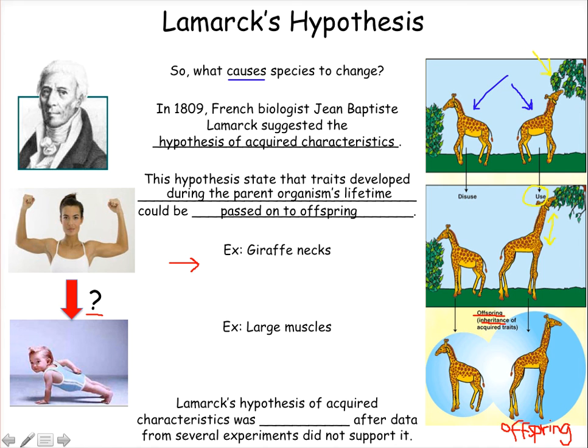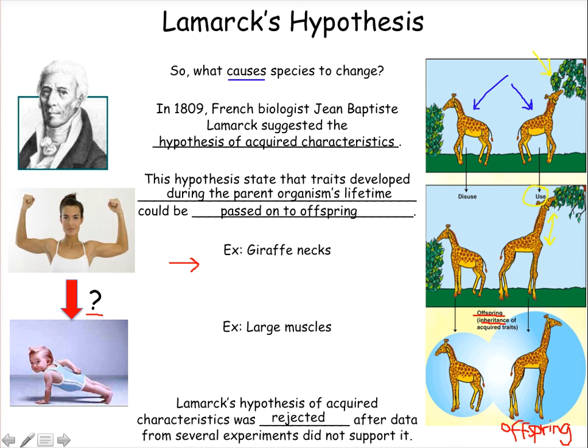So, what we know today is that Lamarck, although he was the first one to try to explain how evolution occurs, how species can change over time, Lamarck's hypothesis was actually rejected because collections of data from several experiments did not support this idea.